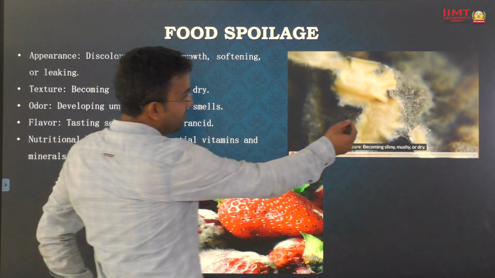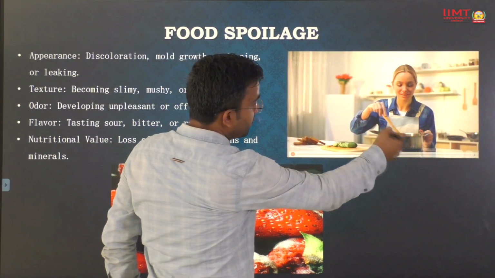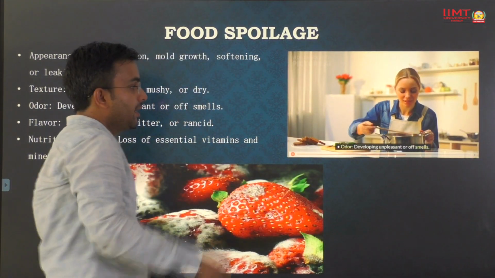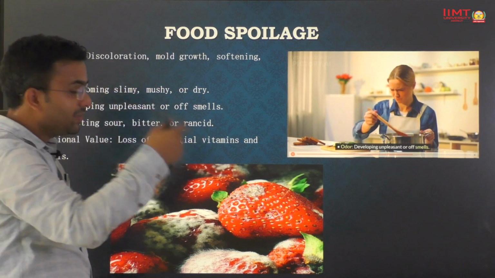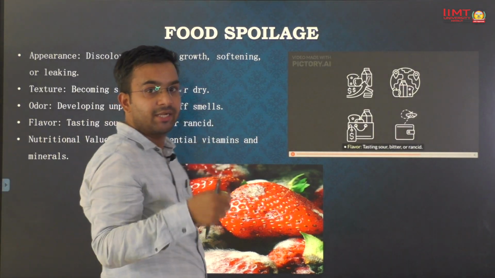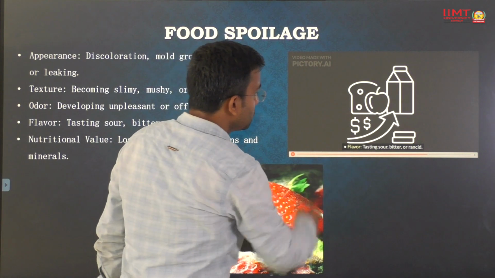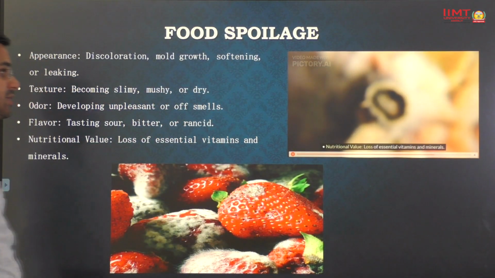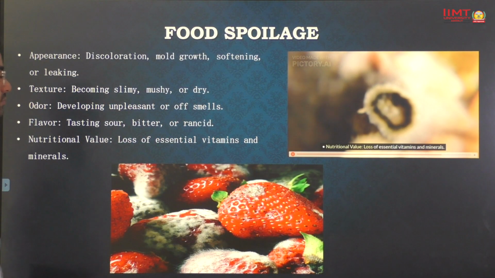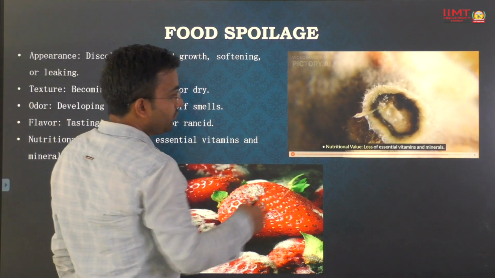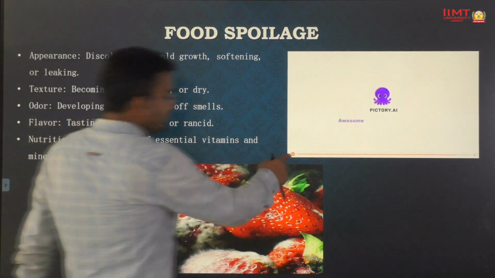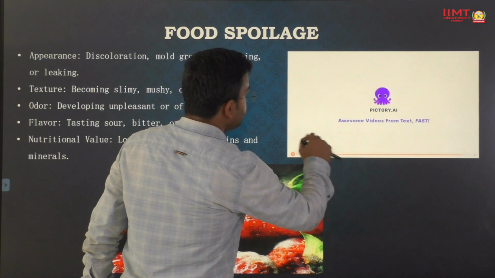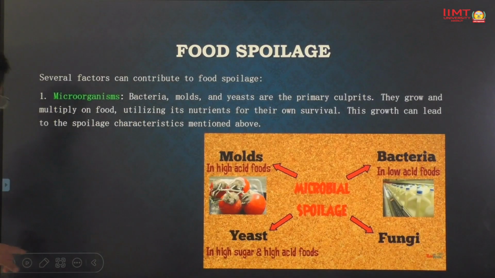We see slimy, mushy or dry portions of the infected areas, and also unpleasant smells, meaning we smell unpleasant and unwanted things. So we know that food item is spoiled, and we have also lost nutritional value.